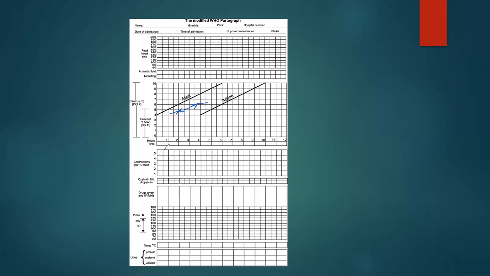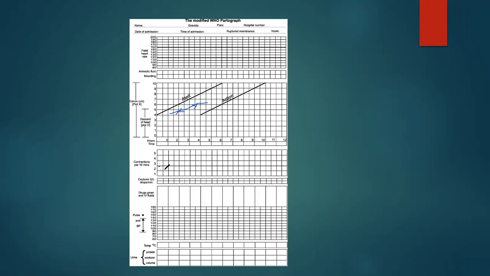And contraction will be inadequate. That means you might be getting mild contraction or weak contraction. In most cases, you might have secondary arrest of labor. So when you see something like this, it is definitely pointing to prolonged labor.